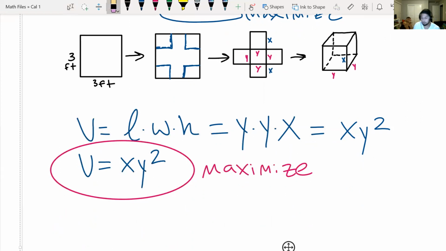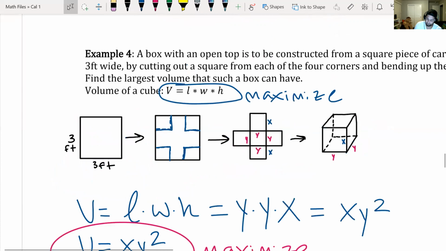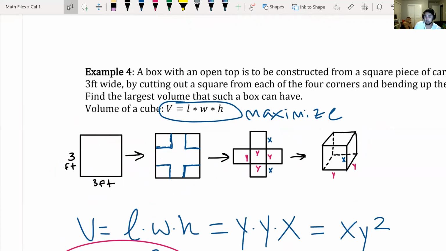Okay. Well, in order to make a substitution for that y, we need another piece of information. And that information says that our box is 3 feet wide.